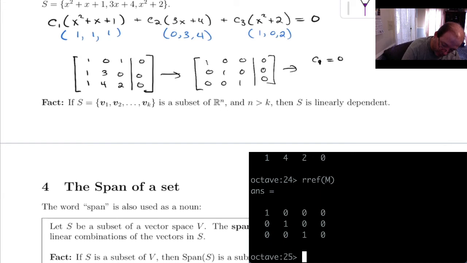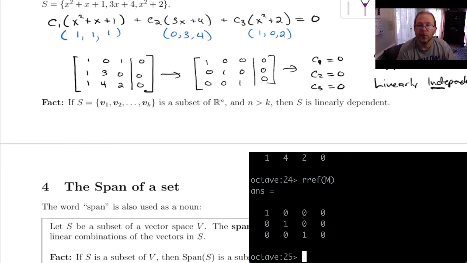So C1 is 0, C2 is 0, C3 is 0. We get only the trivial solution. Therefore, these are linearly independent. I guess the most important part there is the end part, linearly independent.